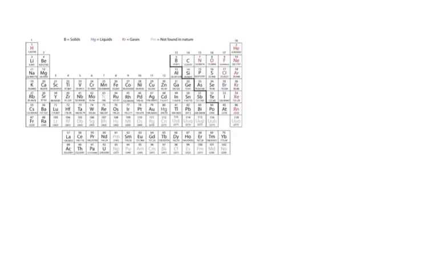Alright, let's go ahead and do this next example. It says write the formula and name for the compound formed from potassium and chlorine. If you look at your periodic tables, there is potassium and there is chlorine.